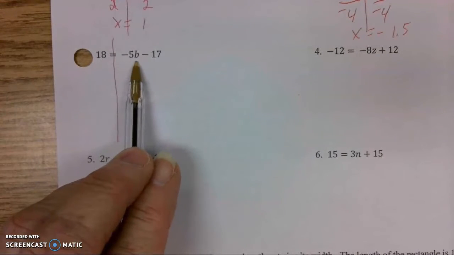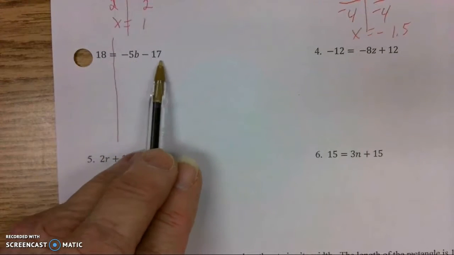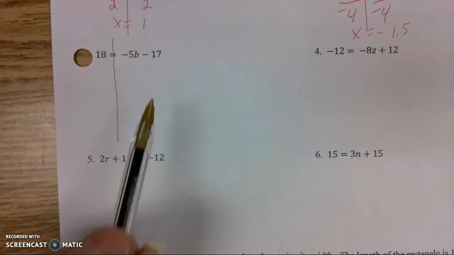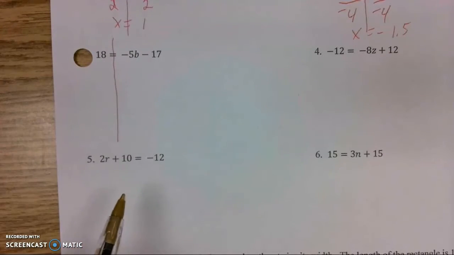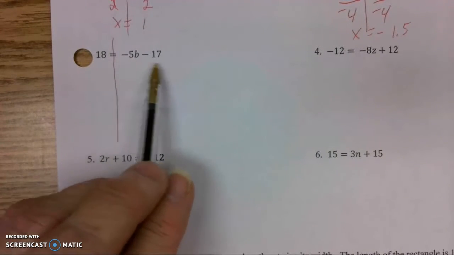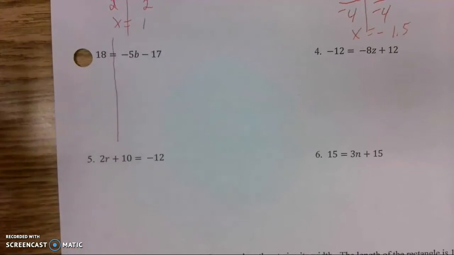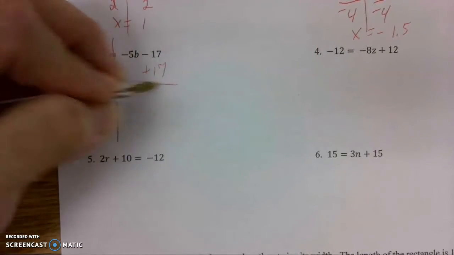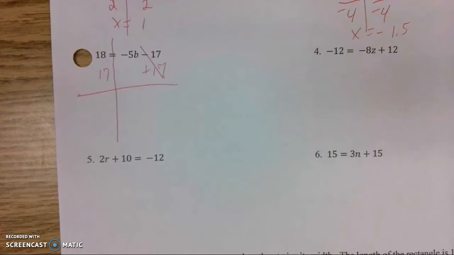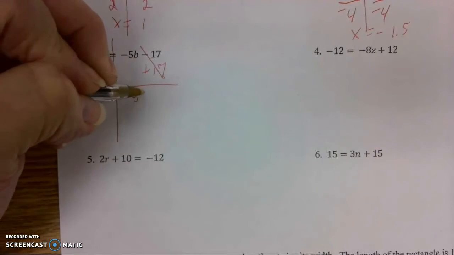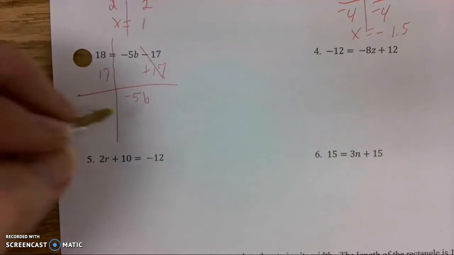I'm going to multiply negative 5 times b, and then I'm going to subtract 17. So it's multiplication, subtraction. The opposite is adding and dividing. So again, you always find the variable, and that's where you're going to undo everything that's happening. So I'm going to add 17 to both sides. A negative 17 and a positive 17 is 0. Leaves me with negative 5b.